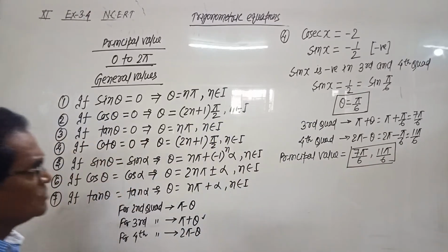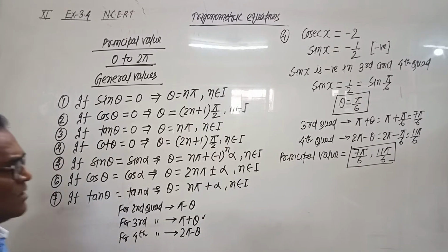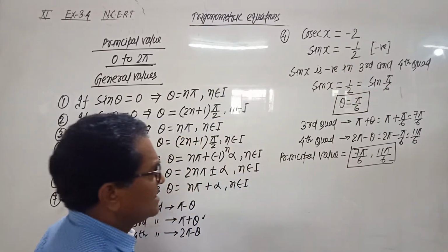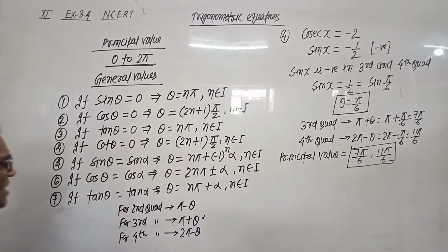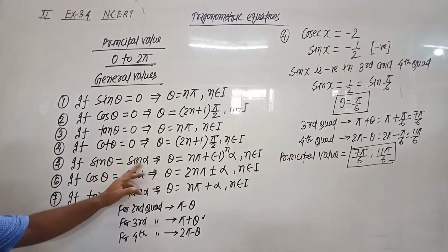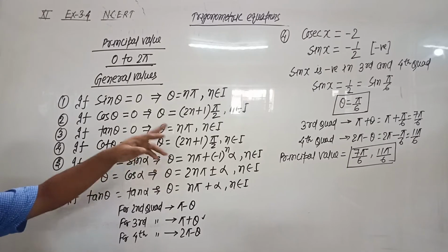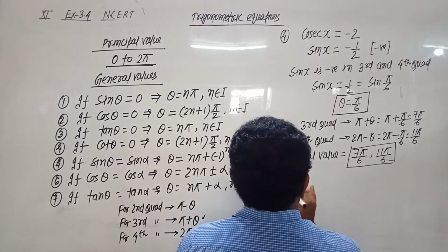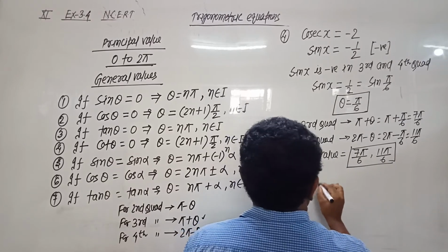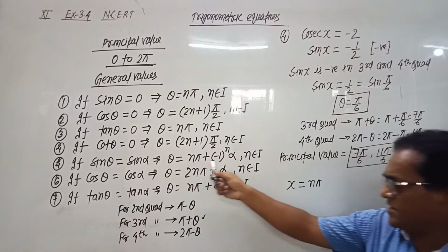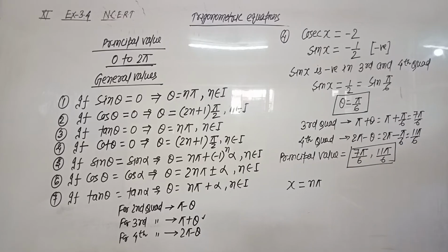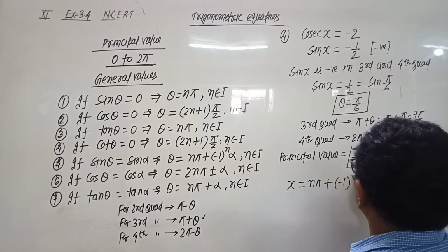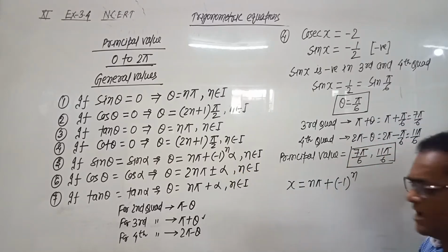Now for the general solution, we use the formula sin theta equals sin alpha. In our question, in place of theta there is x. So the formula is x equals n pi plus minus 1 raised to the power n into alpha.